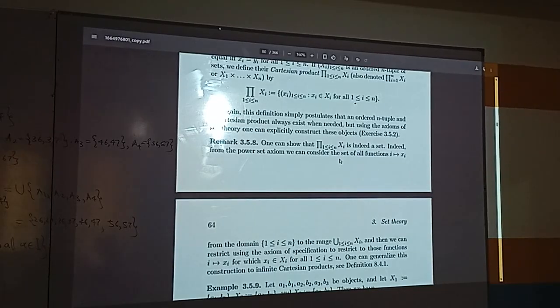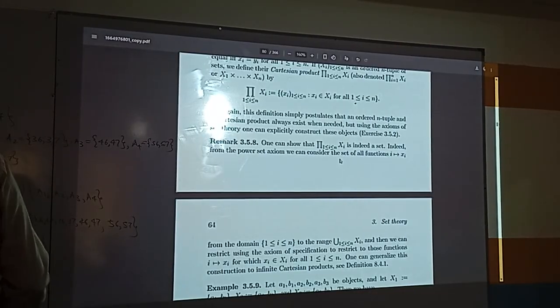So I have to look at the definition of a set here, because in my case I have taken it for granted, but in this course one shouldn't do that. Indeed, from the power set axiom we can consider the set of all functions from the domain 1 less than or equal to i less than or equal to n to the range.